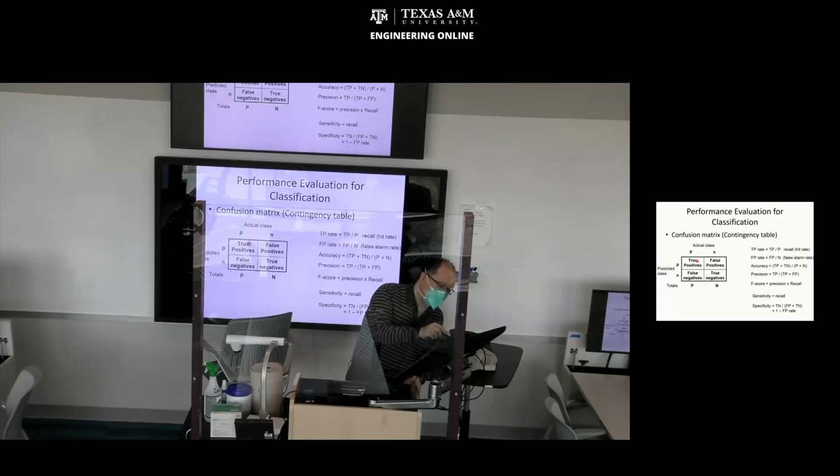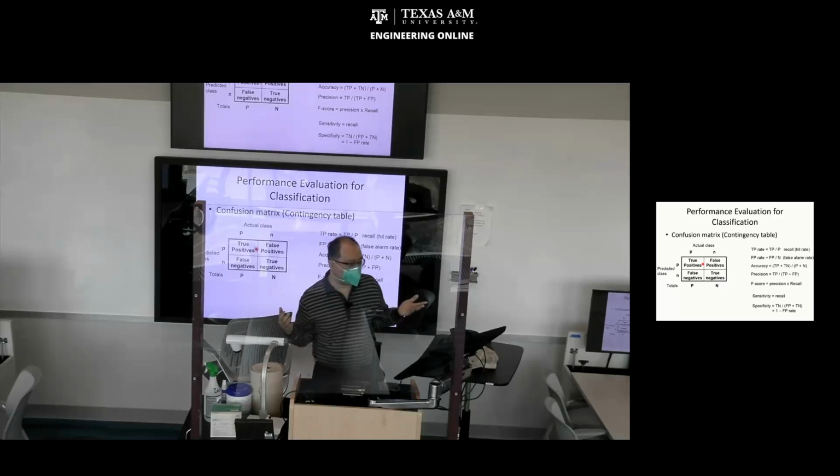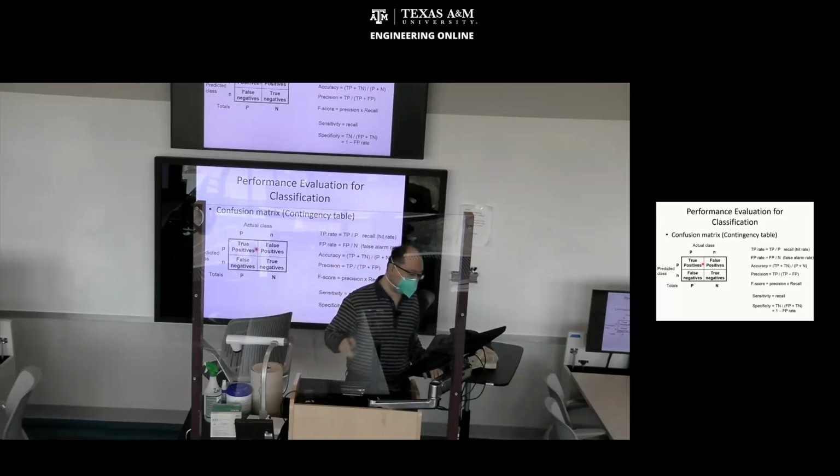Then you also further split them along the second axis, that is the predicted class. Then you basically split all the training examples or validation set into 4 quadrants, right? And these quadrants correspond to true positives, false positives, and so on.